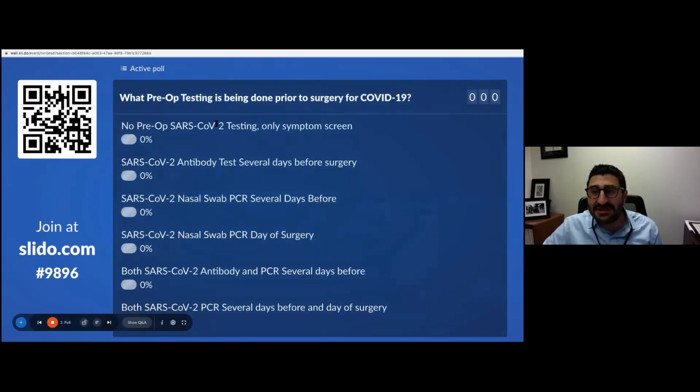What is your institution doing in terms of pre-op COVID testing? I thought I'd poll the audience while I had a big group.